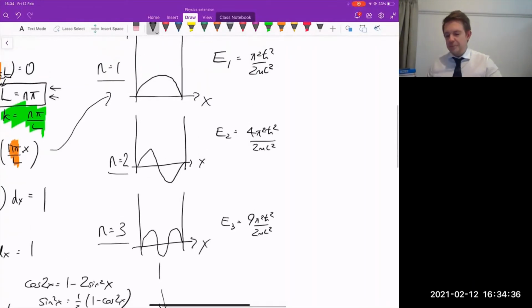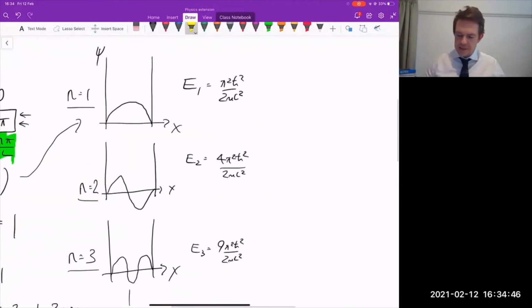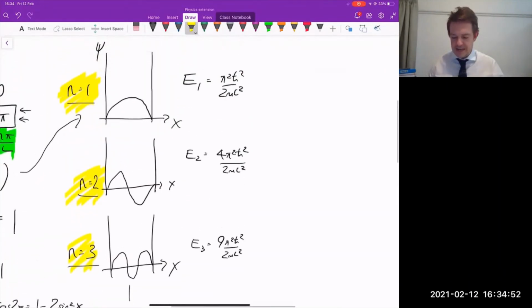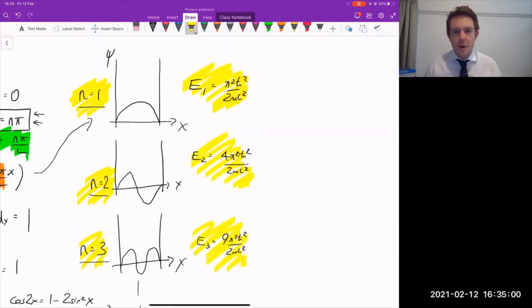So I've produced for you a spectrum. It's inescapable. If you solve the Schrodinger equation for a particle confined in a box, you generate a series of distinct possible wave functions or states, and corresponding energies. The electron or quantum particle has to be in one of those. It can't exist with an energy in between two states.